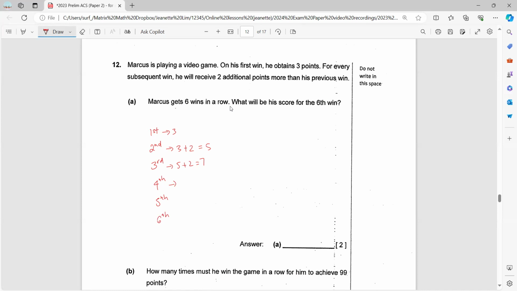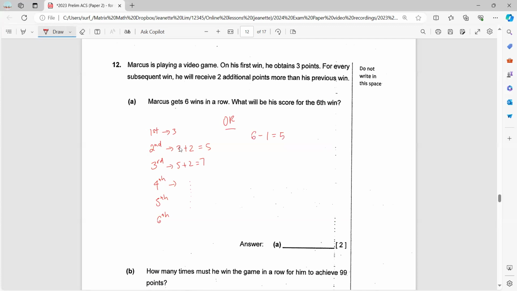You could do this, or you can use the interval concept, where you have 6 wins. How many intervals are there? Every increase of 1 win is an additional 2. So for the 6th win, it's 6 minus 1, the number of intervals.